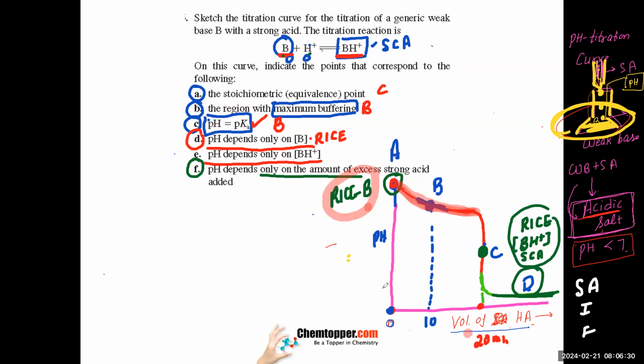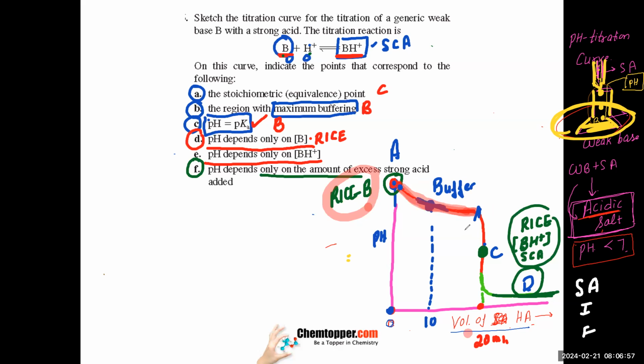It's like a buffer. You can use the Henderson equation. So after the A point, your solution is a buffer. This is the buffer area up to here.